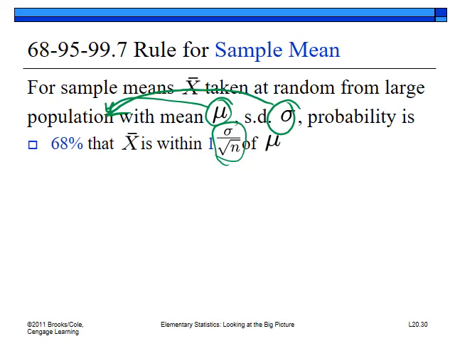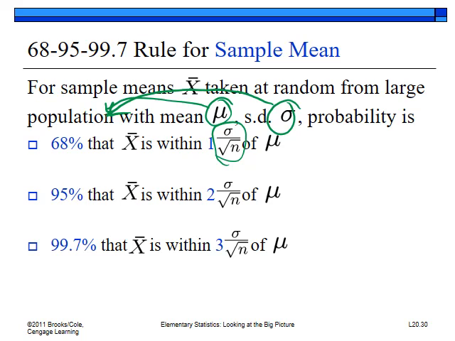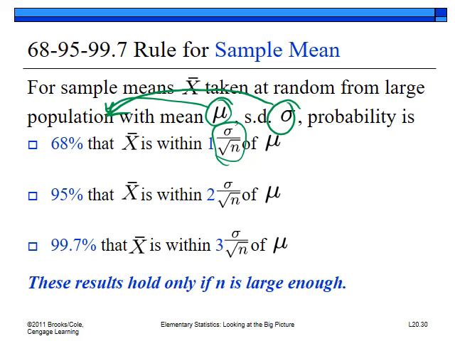Notice we're not just using sigma there, it's a different standard deviation. Within 1 standard deviation for sample means of mu. We can say similar things for 2 standard deviations for sample means and 3 standard deviations for sample means. Remember, this is only true if n is big enough to guarantee that the distribution is approximately normal.